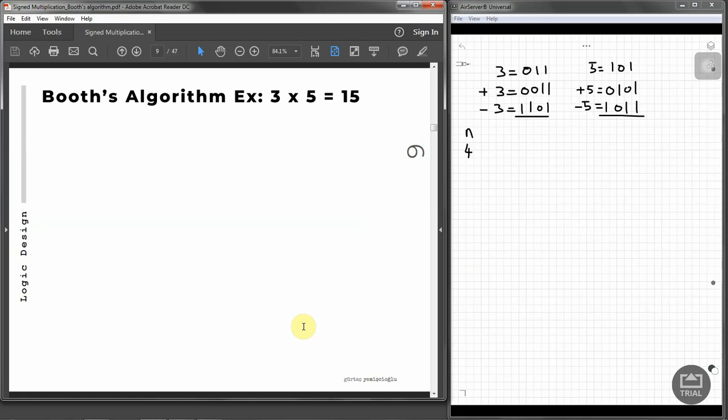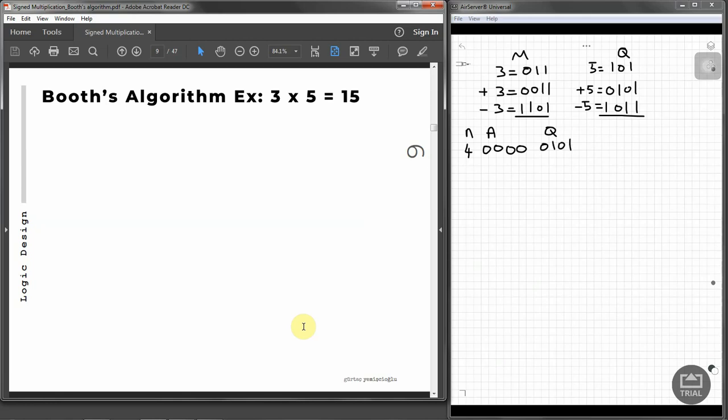And then we have got the multiplier. So which one is the multiplier in this case? M is 3 and Q is 5. So Q is our multiplier and we need plus 5 over there, which is going to be 0, 1, 0, 1.